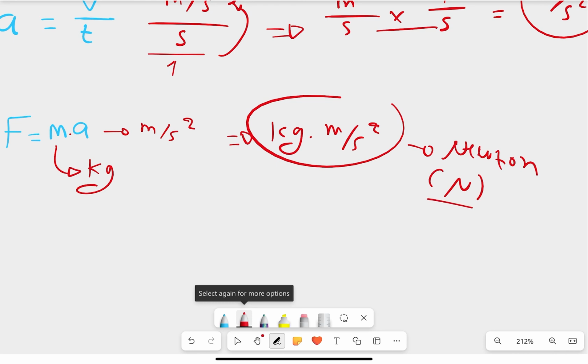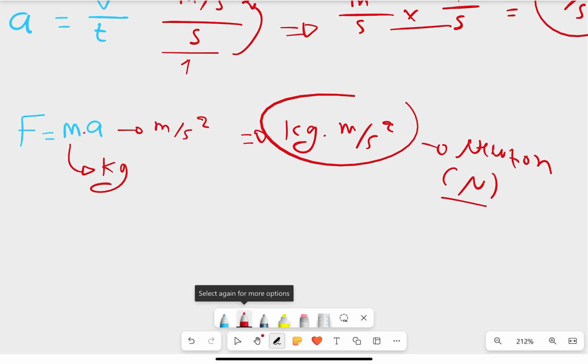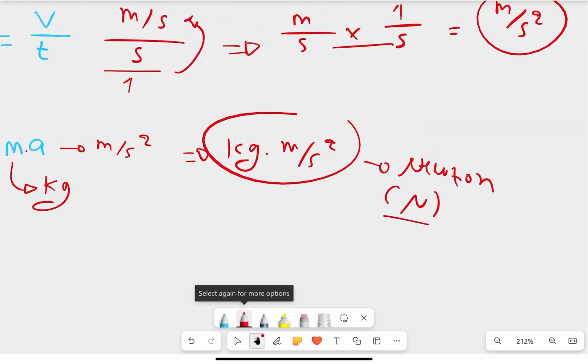These two are equal. So if in a multiple choice you have a question like this, what is the unit of Newton equal to? It will give you this number and this unit and some other units. Of course, you will choose this one, kilogram dot meter per second squared.